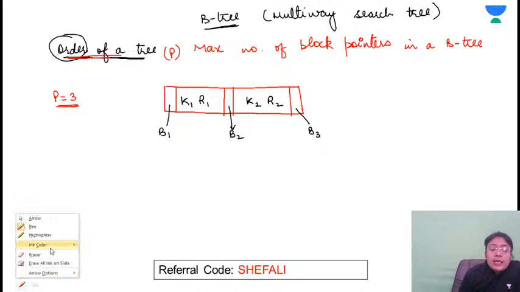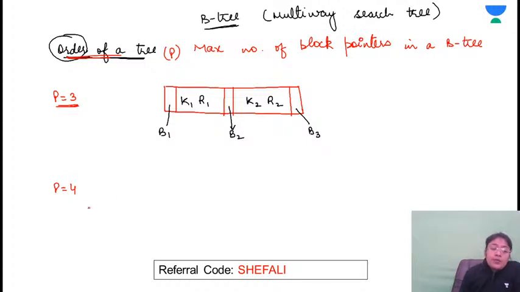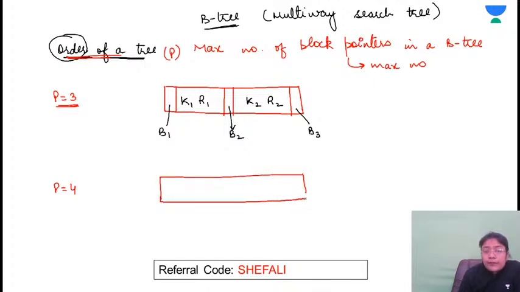If I take that the order of a tree is given as 4, order of a tree means the maximum number of children. Maximum number of block pointers is nothing but the maximum number of children. This node can have how many children? If the order of a tree is given as 4, this means that 4 block pointers are possible.